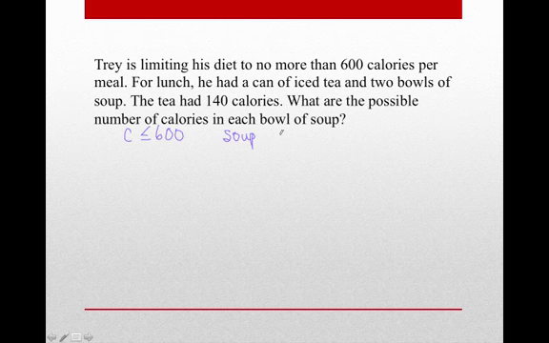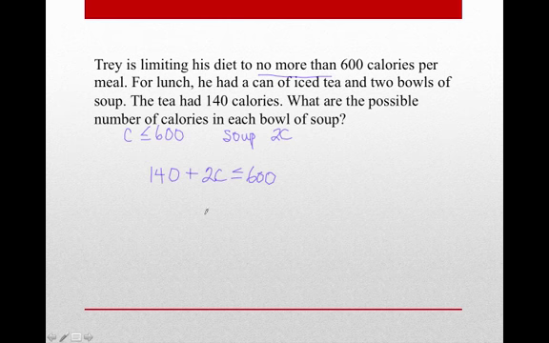So I've already had 140 calories, but I can have some amount of calories more. And remember, it's 2 cups of soup, so it's going to be 2C, and that has to be less than or equal to 600. It said no more than, which means it's going to be less than or equal to.